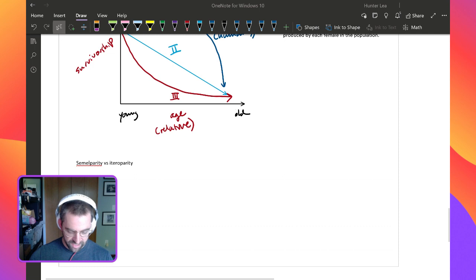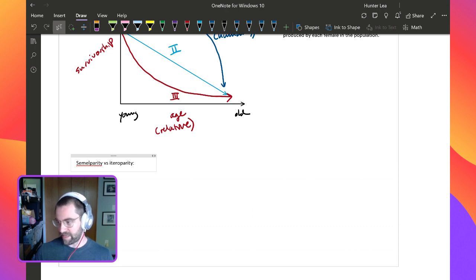And here's the key concept. Although there are organisms whose life histories fall somewhere between iteroparity and semelparity, life history always represents a trade-off because the energy cost of reproduction is high, and so there are not enough resources to reproduce often, produce many offspring, and take care of them all.